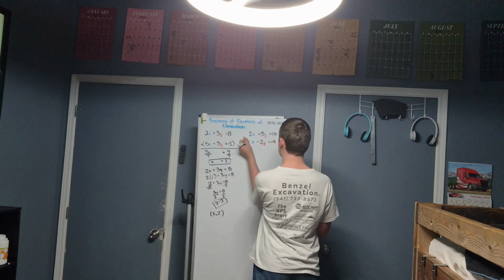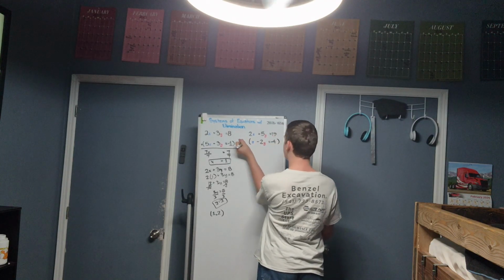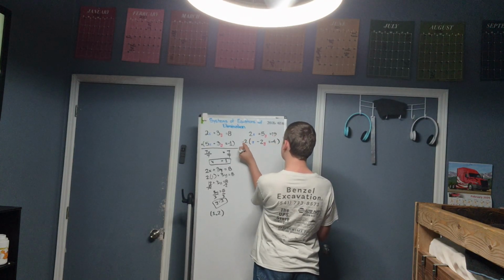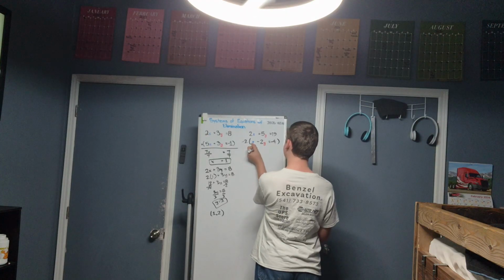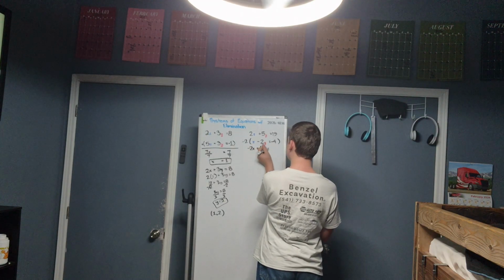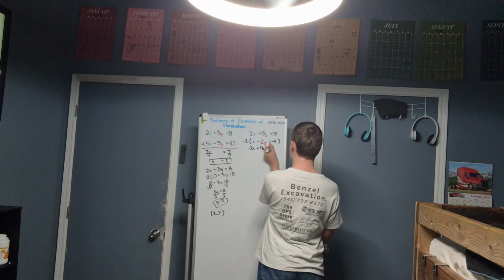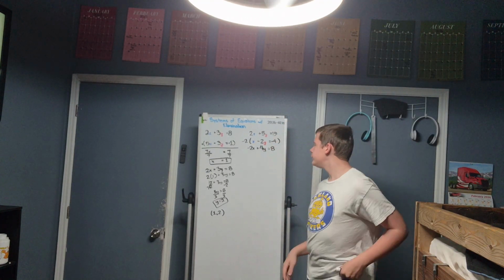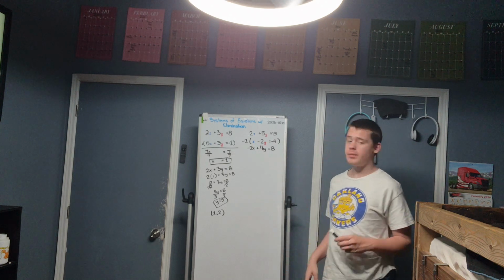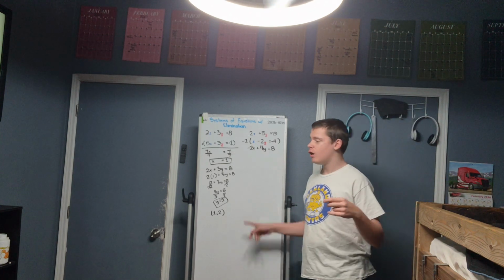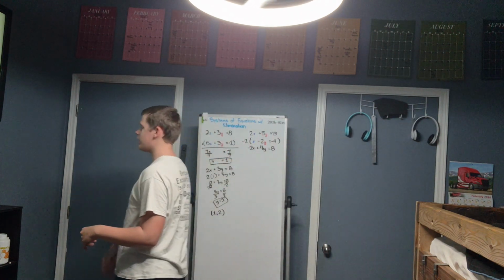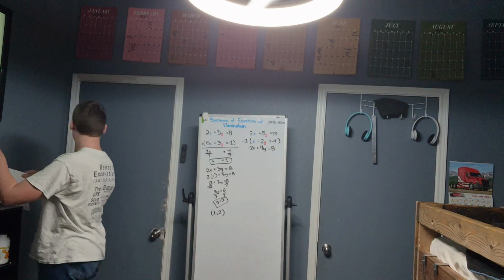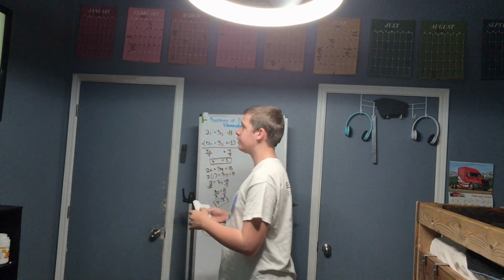So we're going to multiply all of this by -2. Now we have -2x plus 4y equals 8. And now I'm going to erase this, and we're going to be all fine with -2x plus 4y equals 8.